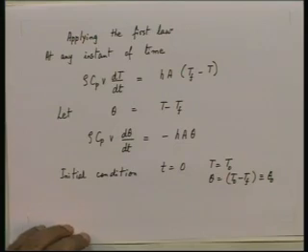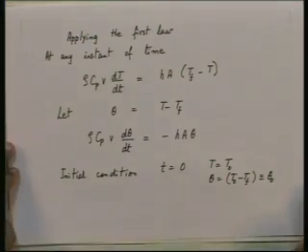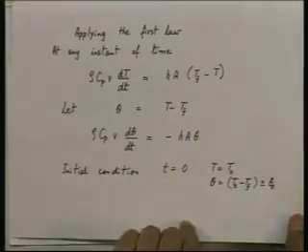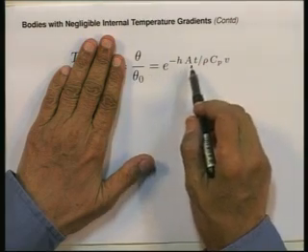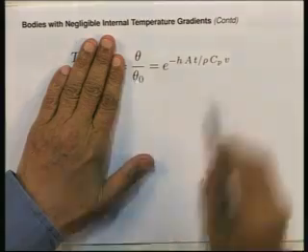Using the initial condition at time t equal to 0, theta equal to theta 0, since it's a straightforward first order differential equation, we will get the solution to the problem to be theta by theta 0 is equal to e to the power of minus h A t divided by rho Cp V. That is the answer.